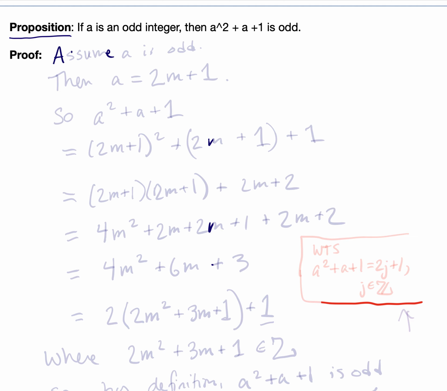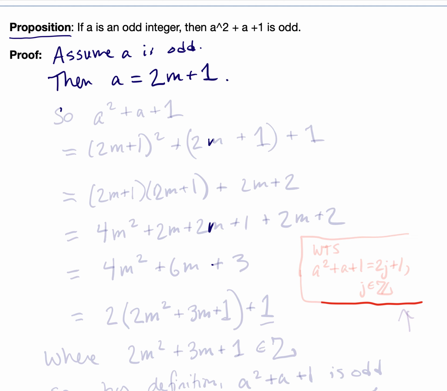So again, we're going to start by assuming the hypothesis is true. So we could write, assume that a is odd. If a is odd, then by definition, a is equal to, we could switch it up at this point, let's say a is equal to 2m plus 1. The names that we give to our variables doesn't matter.